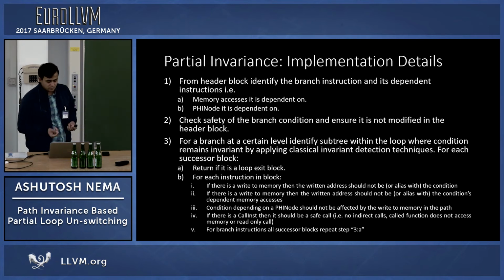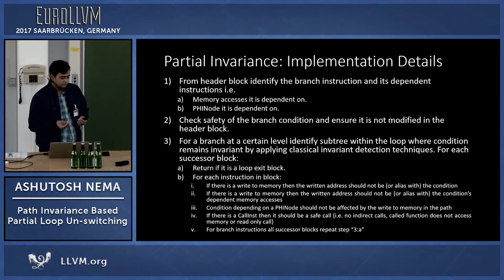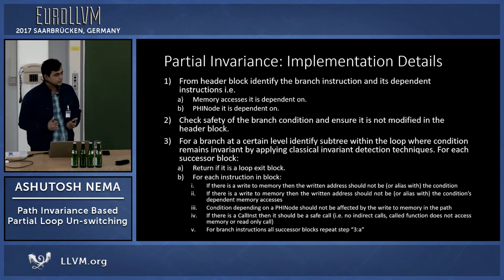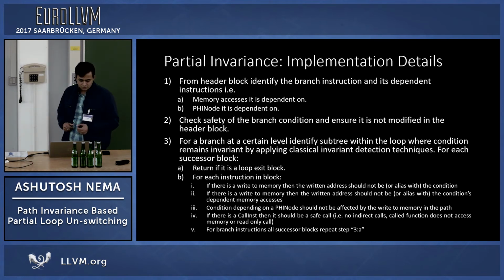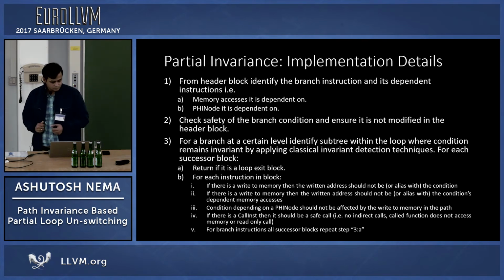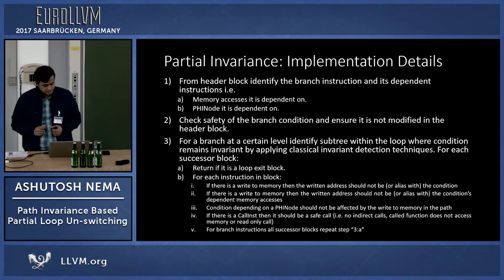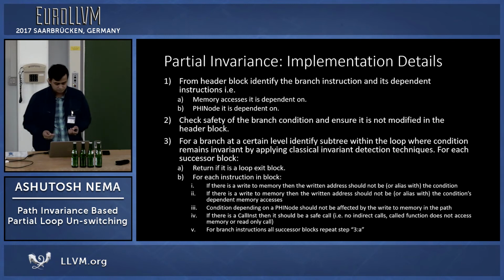If there's a write to memory in the path, it should not feed the phi incoming value. If there's a call instruction, then it should be a safe call. By safe call, I mean no indirect calls, and the called function does not access memory, or it's a read-only call. For a branch instruction, for all the successors we repeat step 3a. This further traversing is to figure out whether the condition is variant or not.